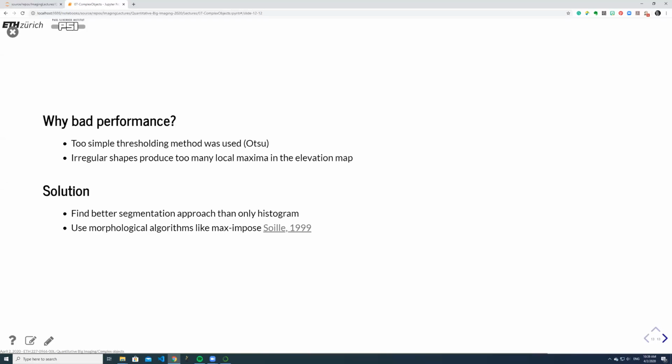And that's described in the book by Soille. Actually, a really good book. If you want to look into morphological image processing, this is the book to go to. One thing is he makes a good review of all the different algorithms and the methods you can use. And also, he produces pseudocode, which is very well written.